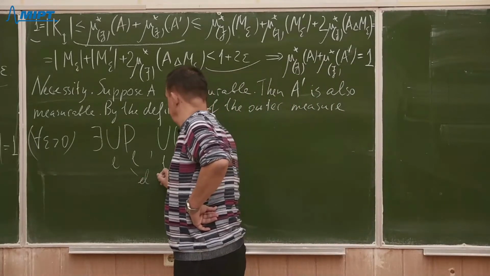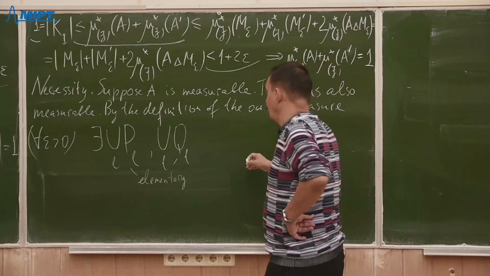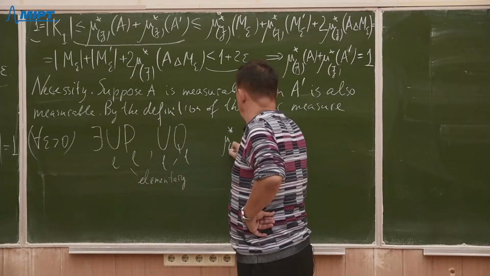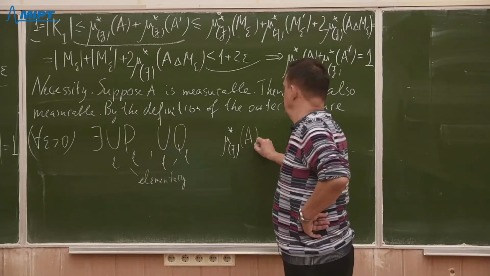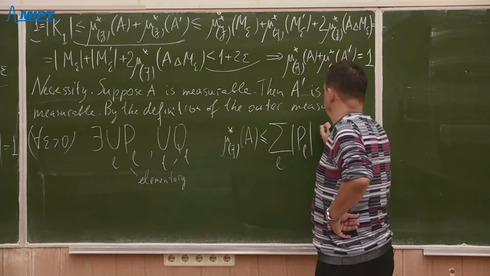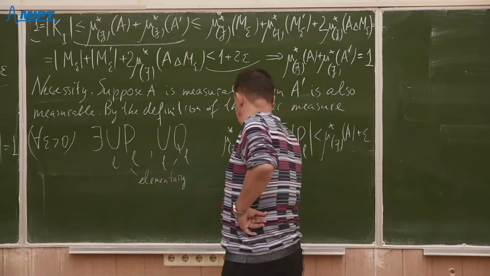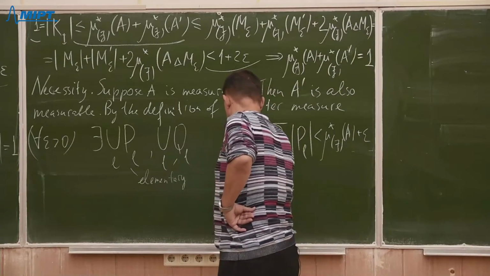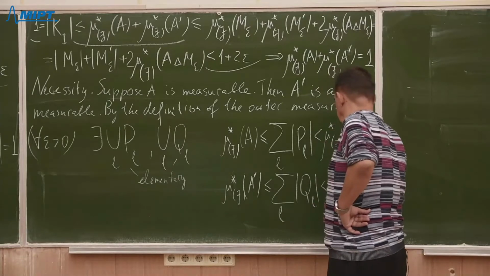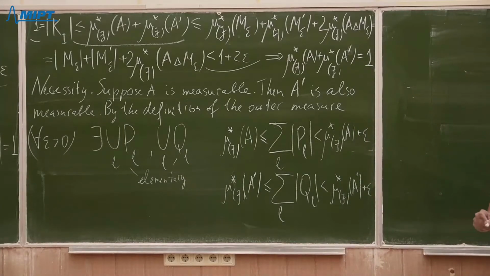These are elementary sets such that two inequalities are valid: the outer measure of A is less or equal to the sum of volumes, which is less than the outer measure plus epsilon, and analogously a similar inequality for A prime.